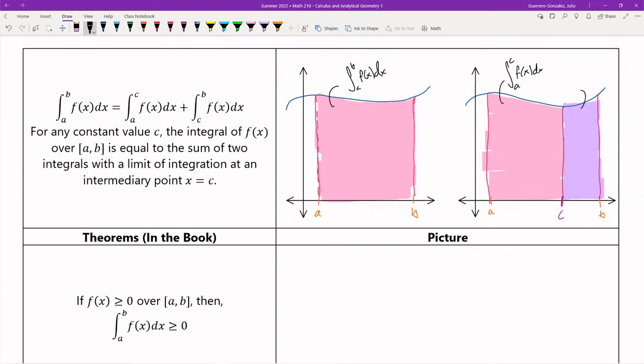And then this right here is going to be the integral from C to B of f of x dx. So this property says that I can basically split it wherever I want with a value C, and then add the two integrals, the two areas, together afterwards. That's simple.